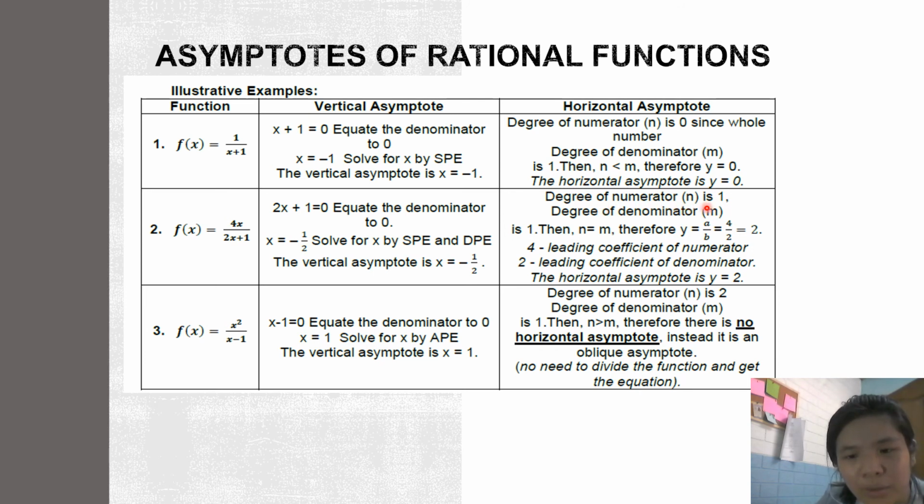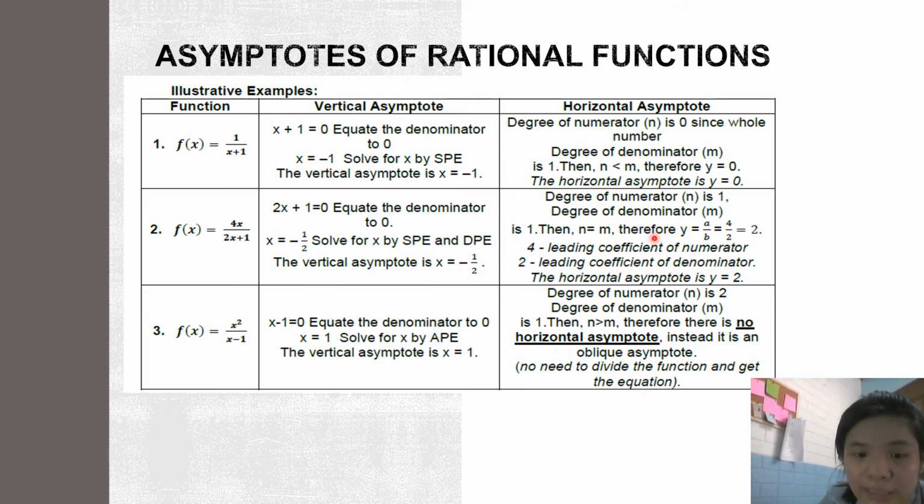Degree of numerator, n is 1, right? 4x kasi, so 1. Degree of denominator is also 1. Therefore, n is equal to m. Therefore, ano yung asymptote natin non horizontal? Y is equal to a over b, right?